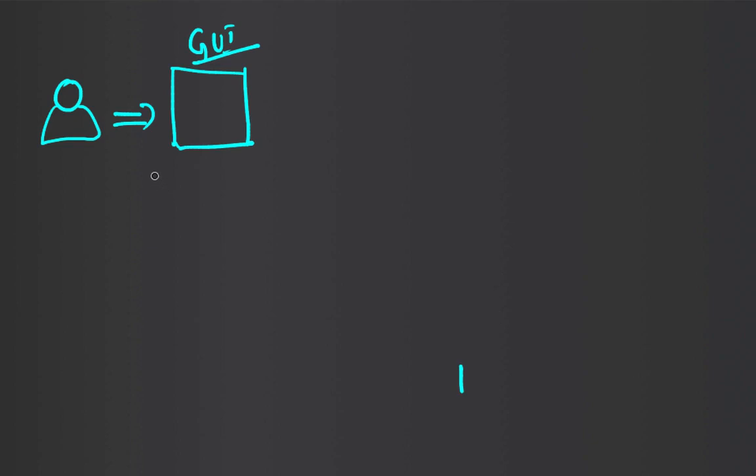This GUI is on the client's end, meaning it's on the PC, or a Mac, or some kind of front end that the user interacts with. As soon as I try to connect to the server, the request, let me change the color, the request is sent to the server.